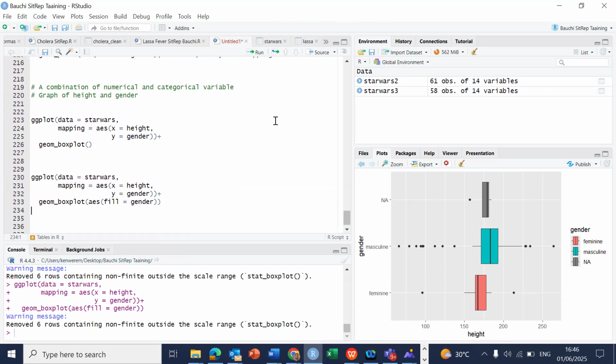So we'll follow this pattern, but instead of just gender, a different combination of categorical and numerical. Makes sense. Yes.